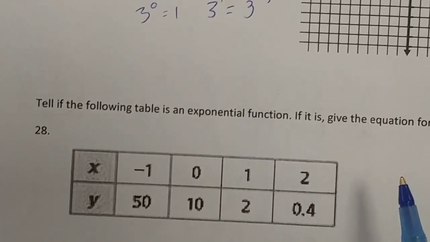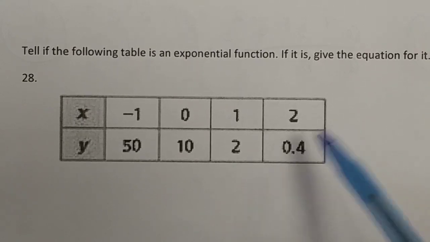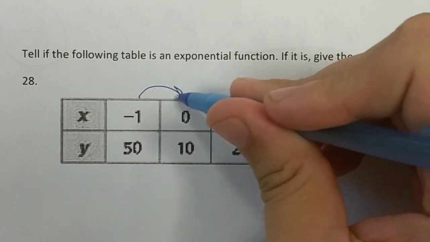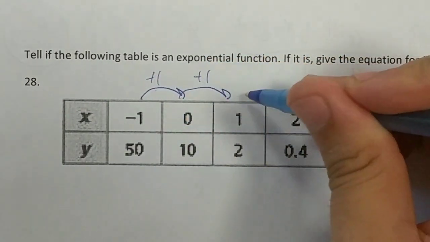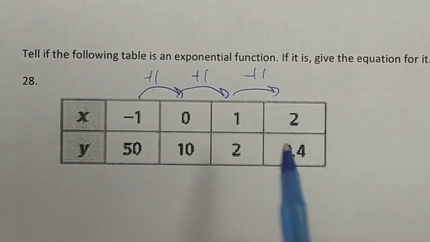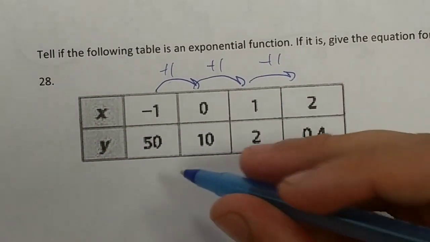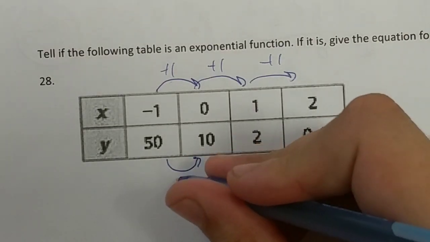Down here, we have our functions. Let's check if this is an exponential function. To check if it's an exponential function, you first check if these are positive growths. So this is +1, +1, +1. I should say positive growth, that's adding. And over here, you have to see if it's a multiplication. Now let's pay attention. 50 to 10, well, that's divided by 5.